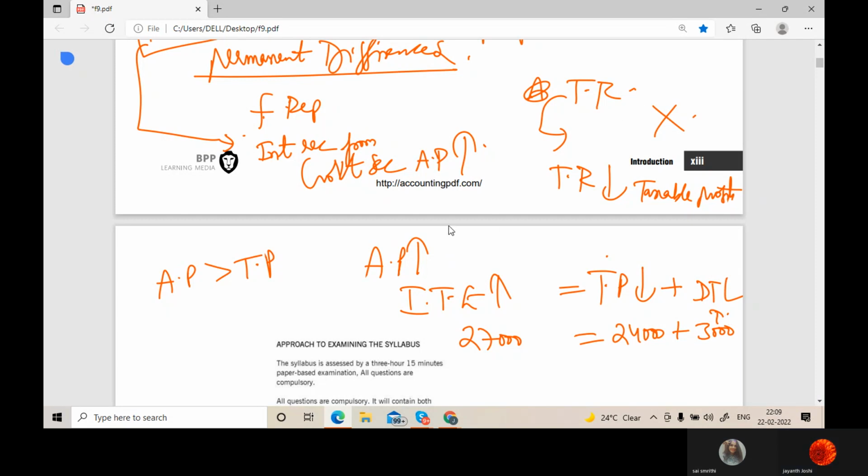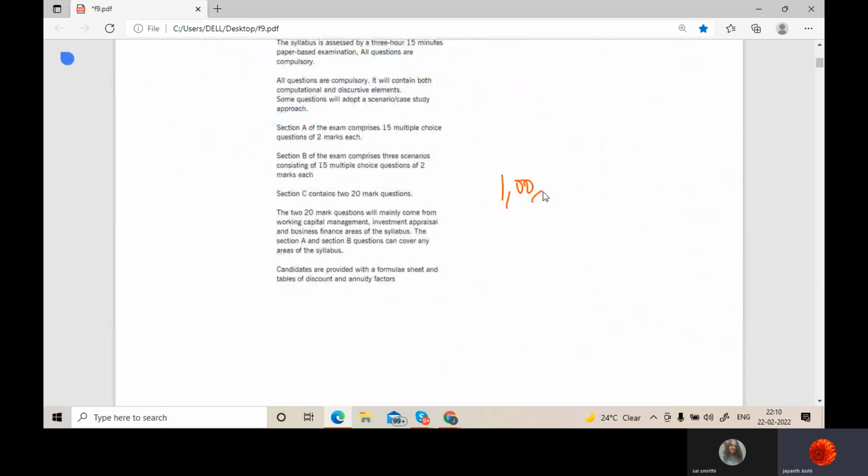So how did I get this? My accounting profits are high. Suppose my accounting profits are 1 lakh, and the tax rate is 30%. I'll give a new example. Suppose my accounting profits are 1 lakh and my taxable profits are 80,000, and I have to pay 30% tax.